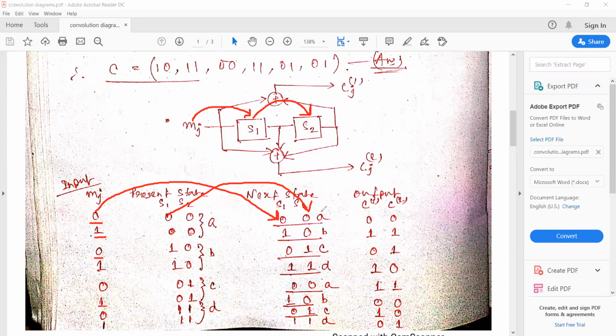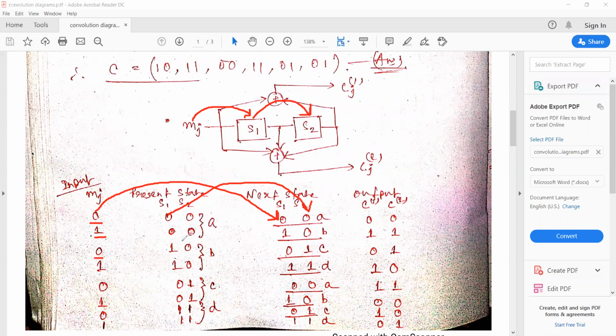When A is converted to A, the condition is message will be 0 and output will be 0 0. That means the present state A is converted to next state A when the message is 0 and the output is 0 0.